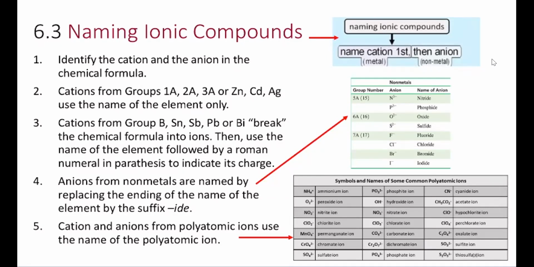So for group B, and as you can see, tin, antimony, lead, bismuth, all of those, because they have variable charge, then depending on the chemical formula that is given to us, that's how we're going to name it. The anion is just helping to solidify the whole thing, but it all depends on the chemical formula.